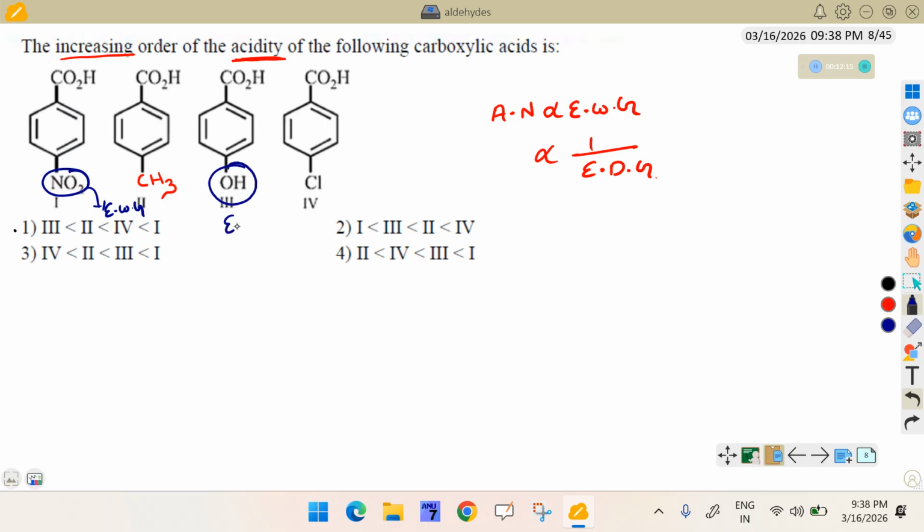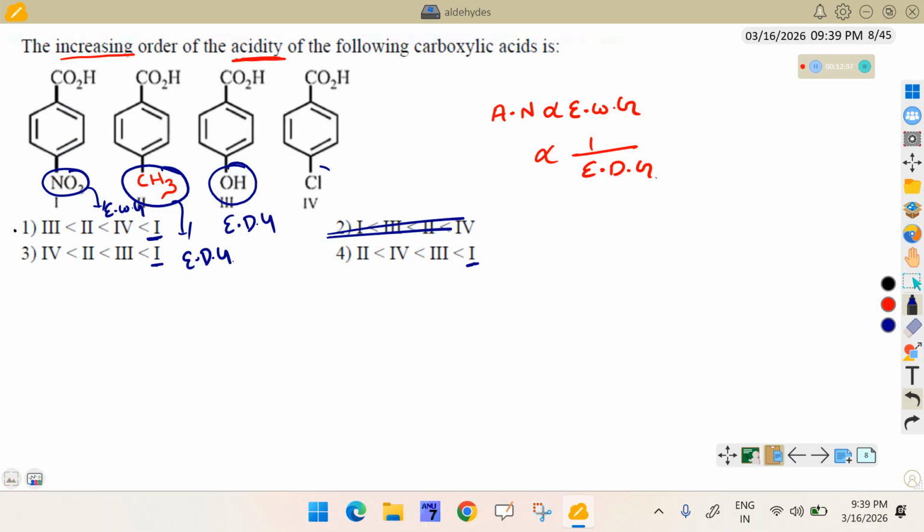OH is an electron donating group. CH3 is also an electron donating group. So NO2 is an electron withdrawing group. An electron withdrawing group increases the acidic nature. So one is more acidic. Okay, remove the second option.